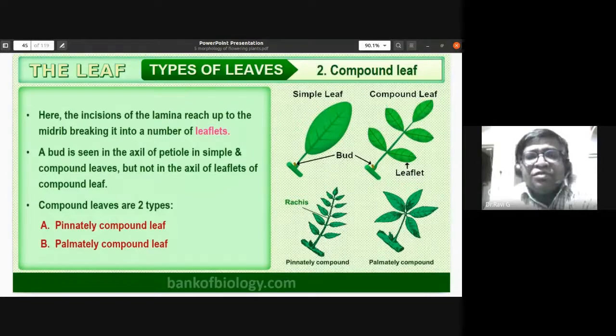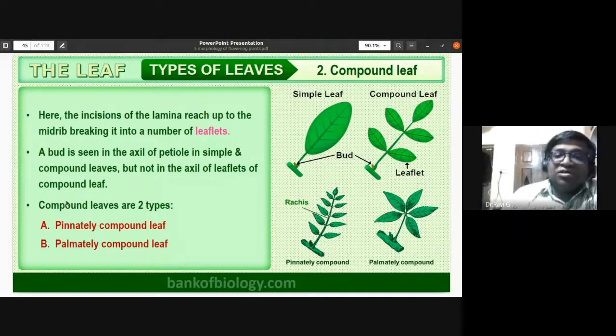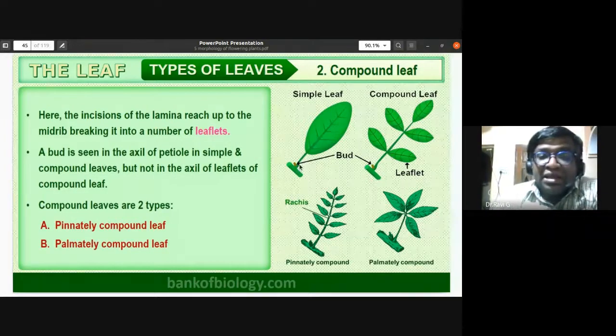In compound leaf, the incisions of the lamina reach up to the midrib, breaking it into a number of leaflets. A bud is seen in the axil of petiole in simple and compound leaves, but not in the axil of leaflets in compound leaf. That is also another difference. In case of simple leaf, the bud is found only at the base of the simple leaf.